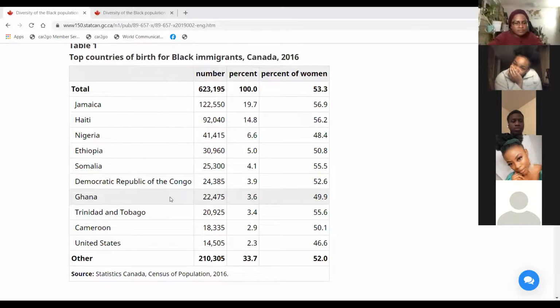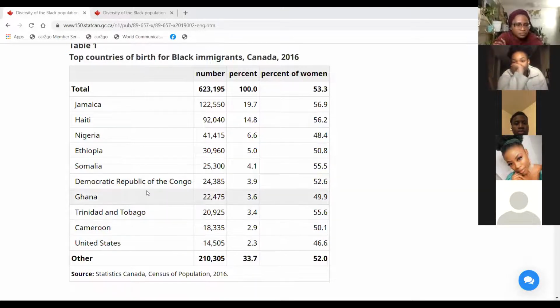This is a list of stats of the Black immigrant population to Canada starting from 2016. So we're like 5 years on. They just haven't released new statistics yet, but Black people are coming up. You'll see here the top countries: Jamaica, Haiti, Nigeria, Ethiopia, Somalia, but Congo, we're coming up.